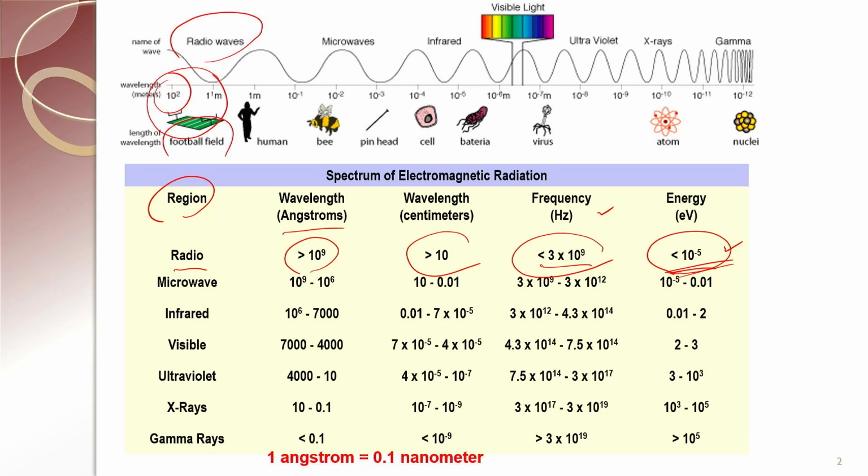Then comes the microwave range. Microwave wavelength is much smaller than radio wave, typically from 10 centimeter to 0.01 centimeter.